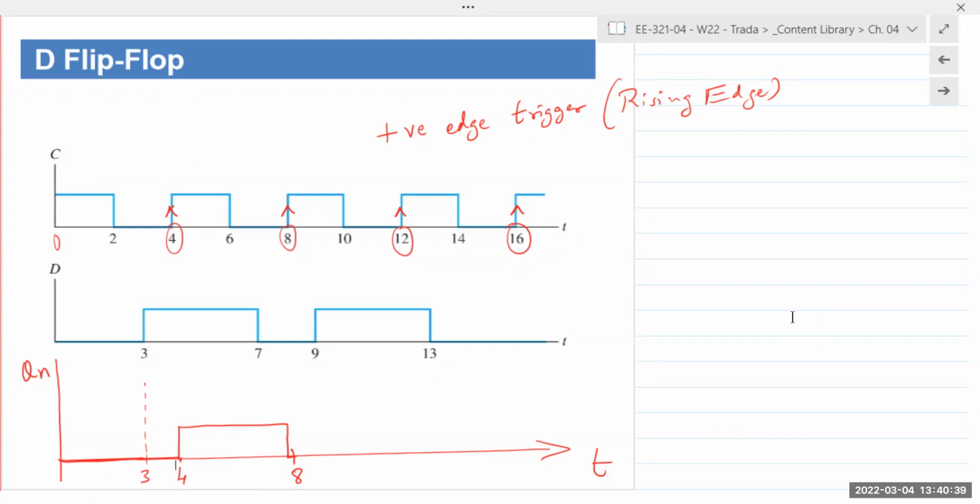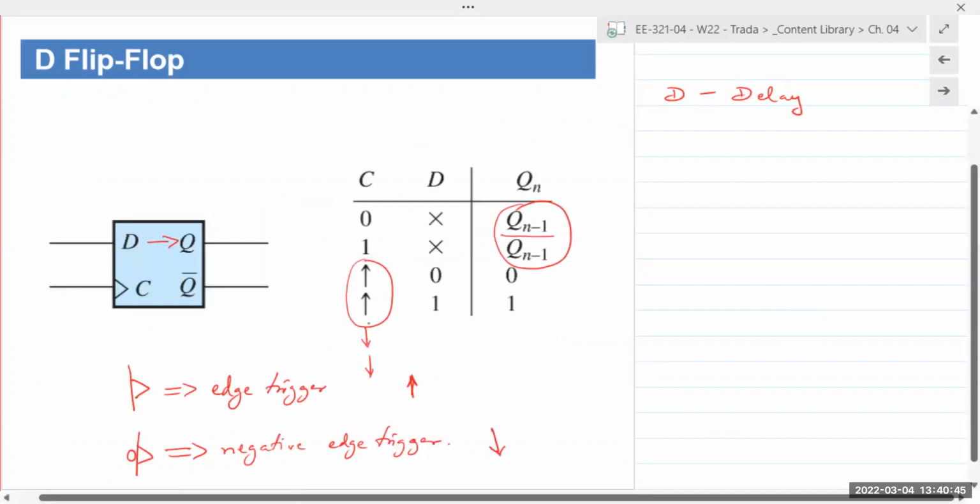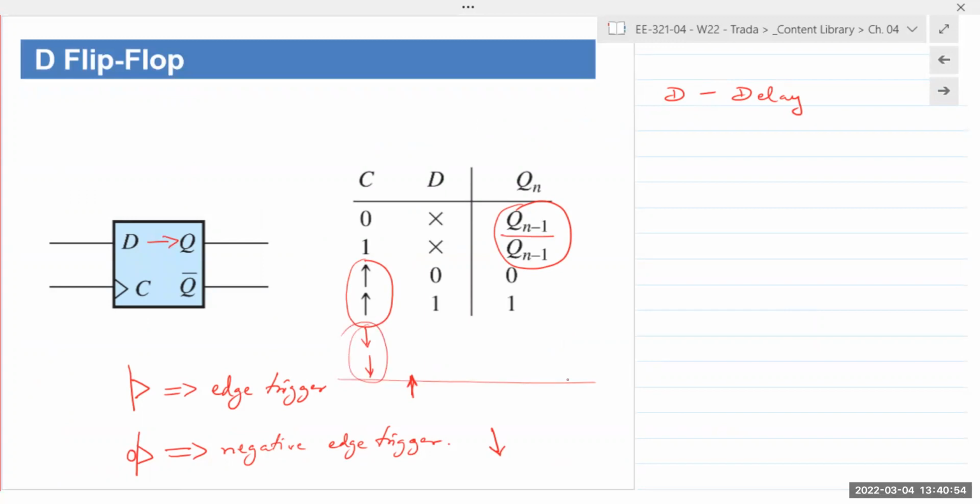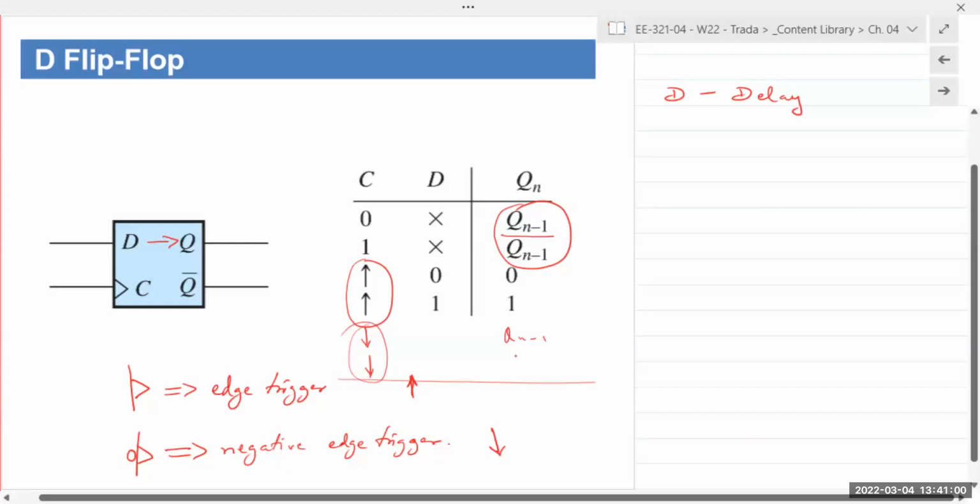So that's why the point was made earlier: can we add those 2 lines in the truth table, which is basically right here. What happens if we have a negative-going transition? What would the flip-flop do? Essentially, it would just remain in the previous state. So Qn-1 acts like a memory. It doesn't change.